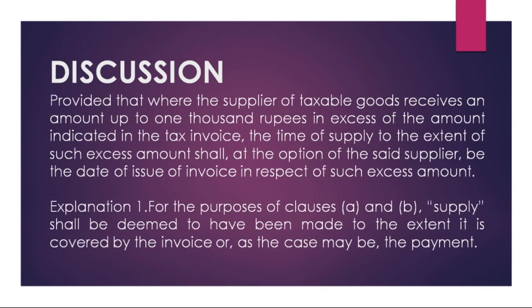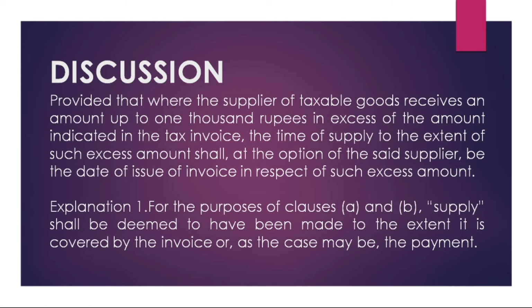Provided that where the supplier of taxable goods receives an amount up to ₹1,000 in excess of the amount indicated in the tax invoice, the time of supply to the extent of such excess amount shall, at the option of the said supplier, be the date of issue of invoice in respect of such excess amount.